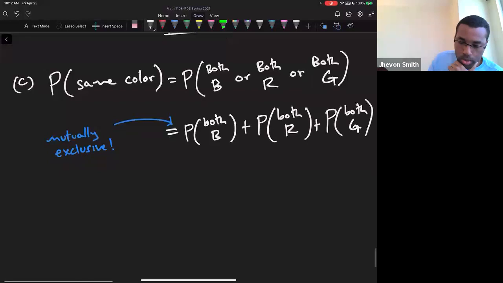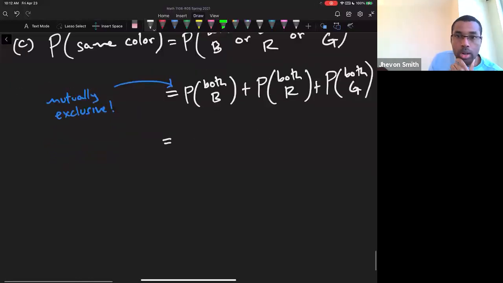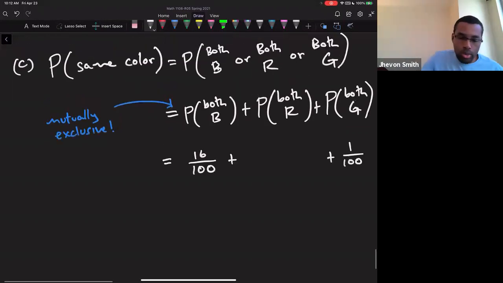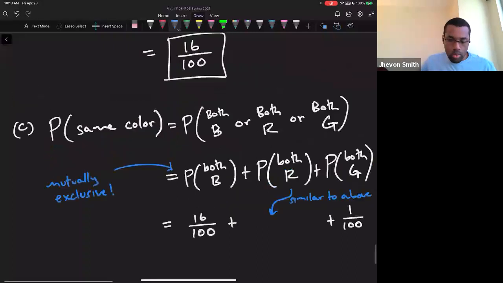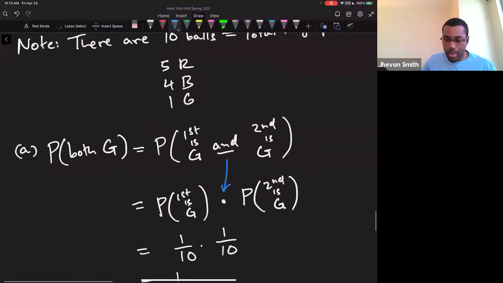Now, both blue and both green, we already know that. So both blue was 16 over 100. Both green was 1 out of 100. But both red, we can actually do something very similar to what we did above. And red, there were 5 of them.